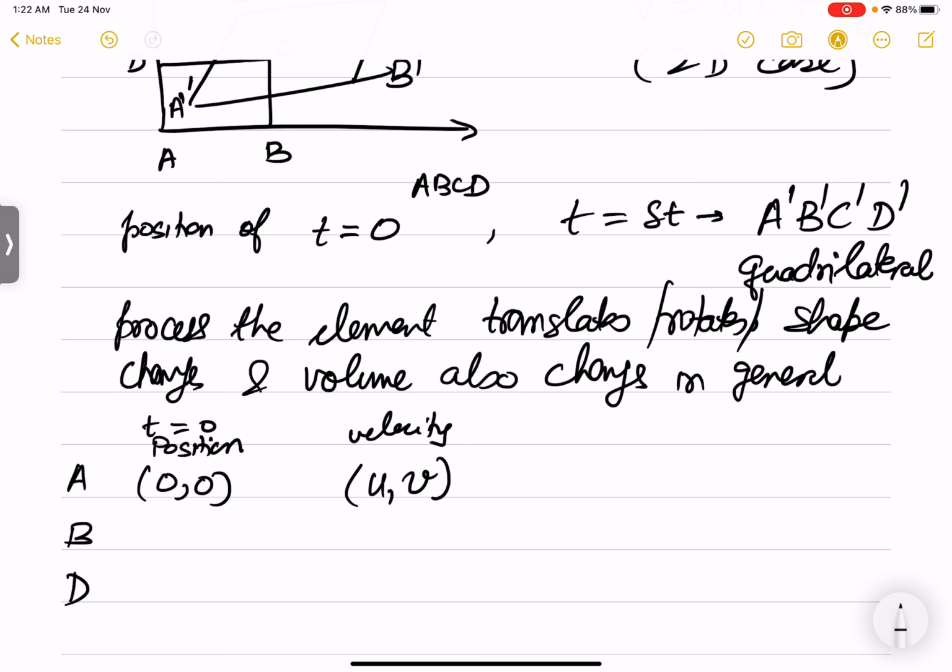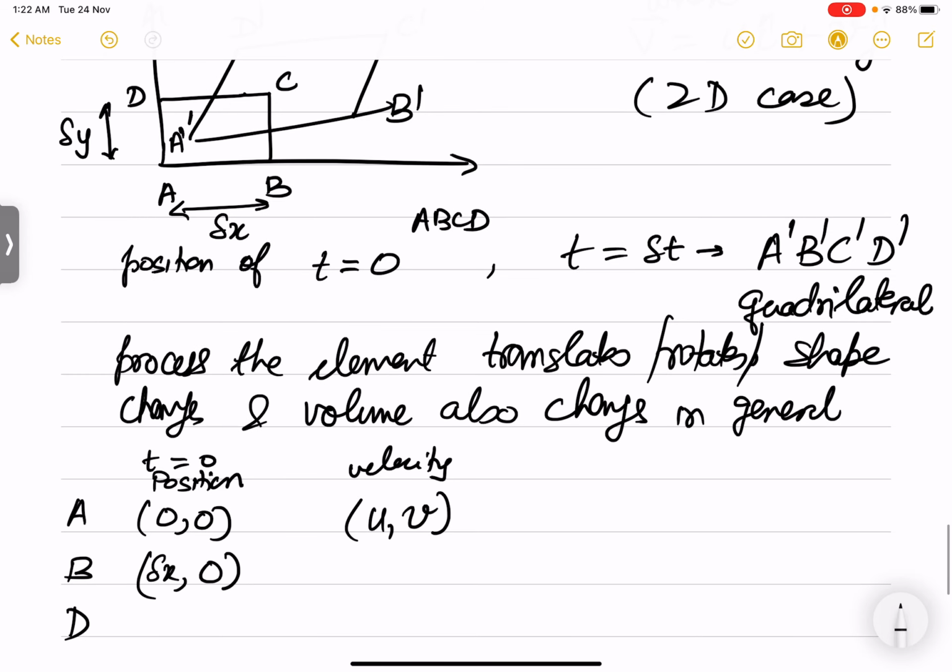Now the position vector of point B, so this element initially has dimensions delta x times delta y, delta x in the x direction. So the coordinate of point B will be delta x and its y coordinate is 0.